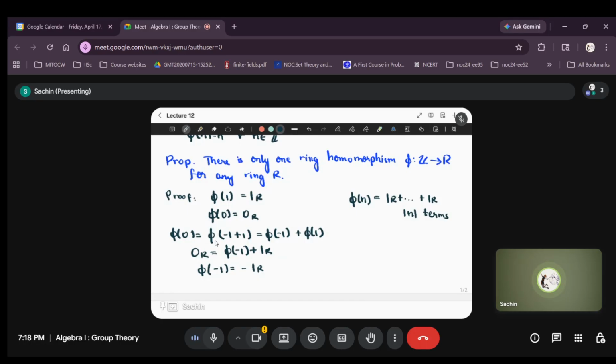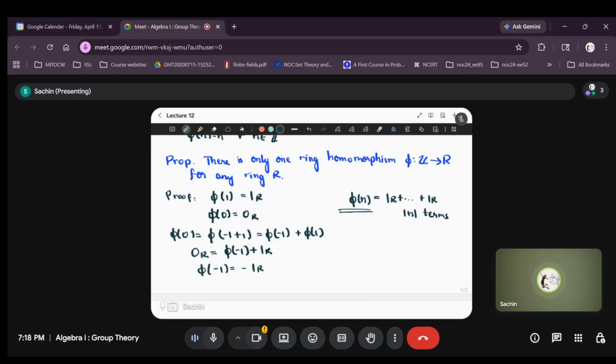That is clear, right? Any doubt in that? So from Z to any ring, you have only one homomorphism. I've written phi of n. So the domain is integers, phi of an integer n.